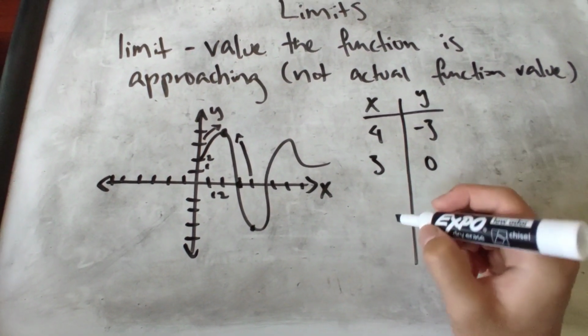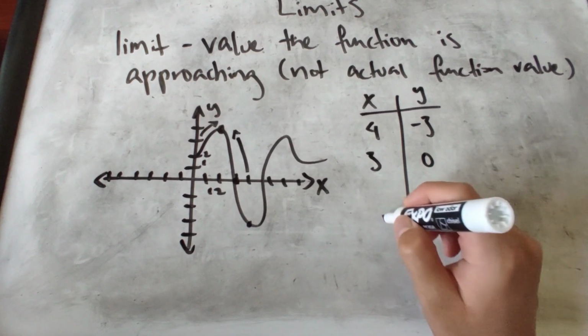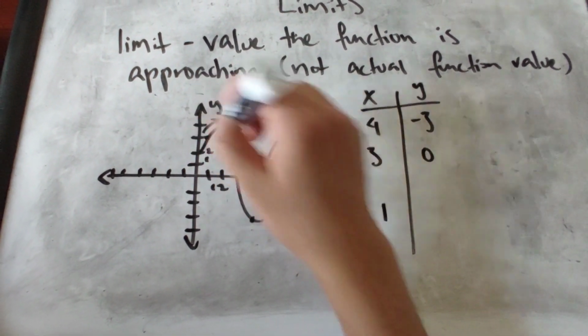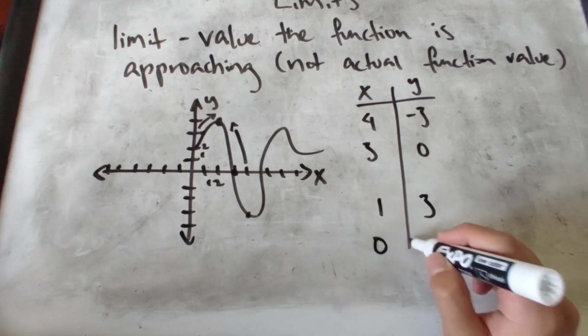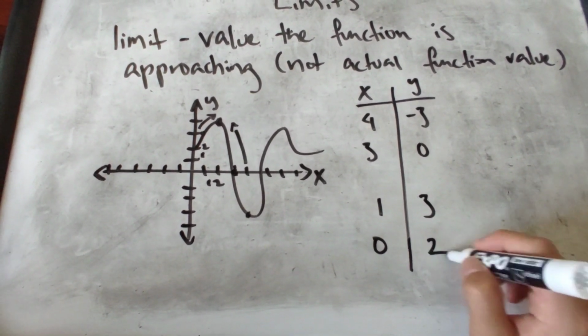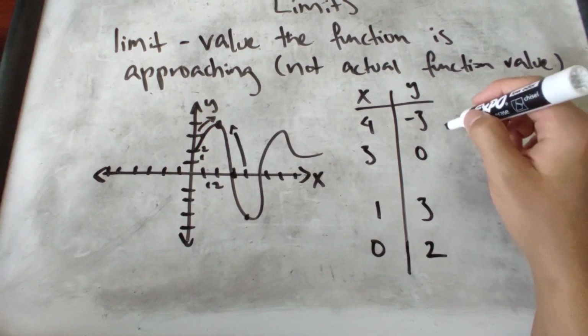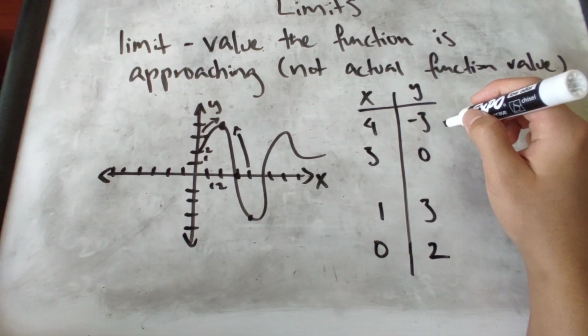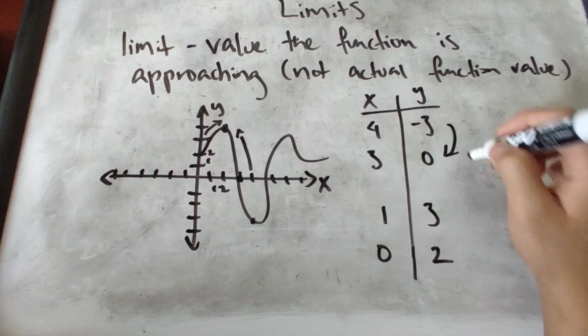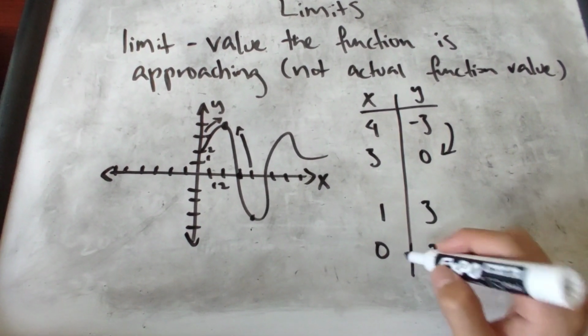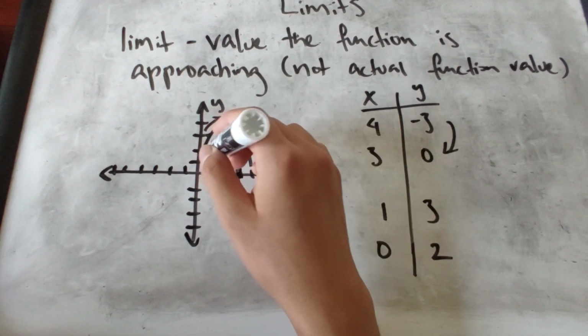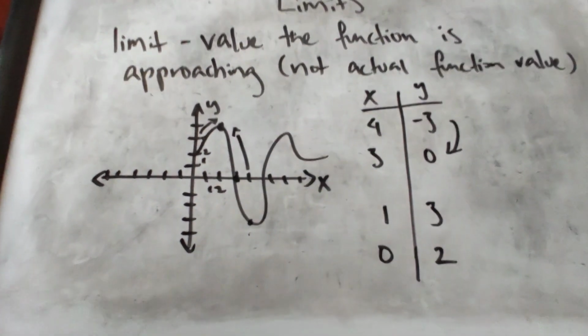Let's skip 2 and go to 1. Once we're at 1, the value of y would be 3. And when x equals 0, the value of y is 2. So as you can see, the value of y is increasing from -3 to 0, and from 2 to 3, it's also increasing as well.